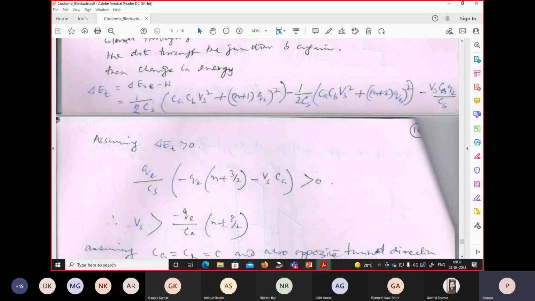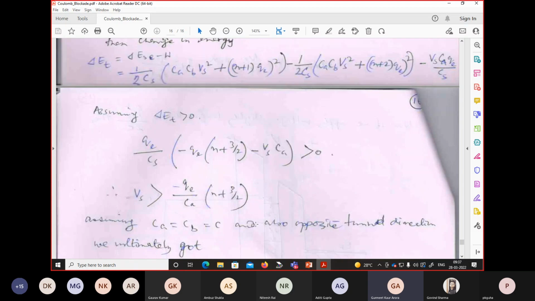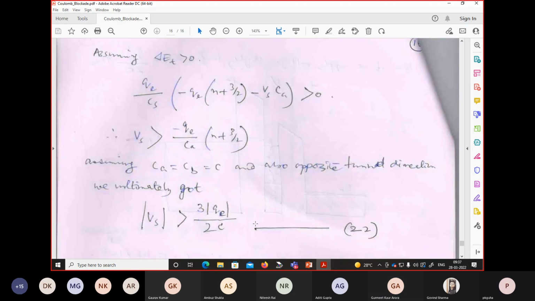Probably it will come n plus 3 QE by 2 CA, right? I'm not sure, I'm just guessing. Apart from Gurmeet, someone else also did this, right? Yes, sir. It is coming 3 by 2 QE. Okay.